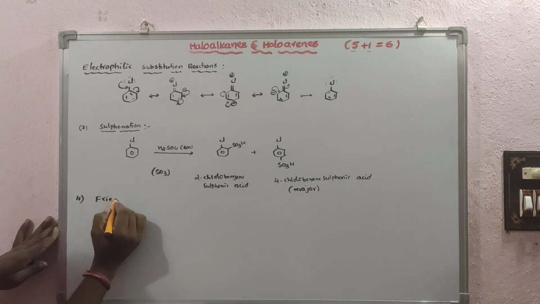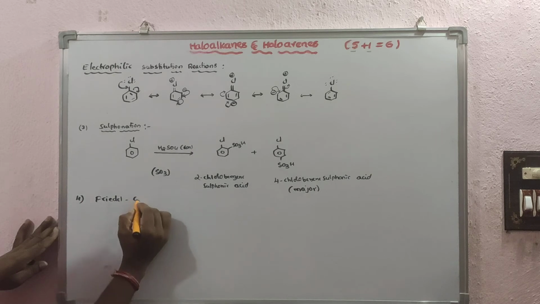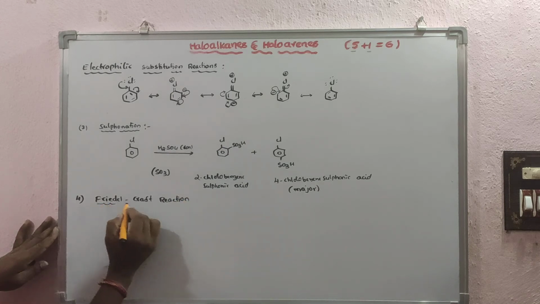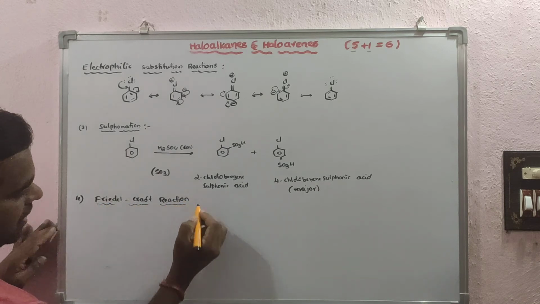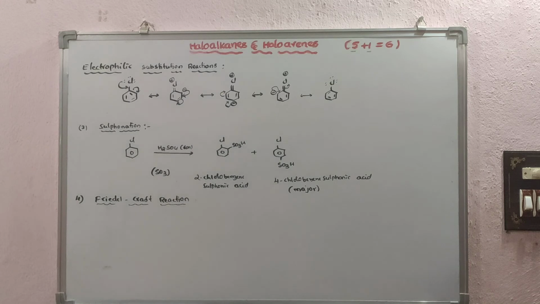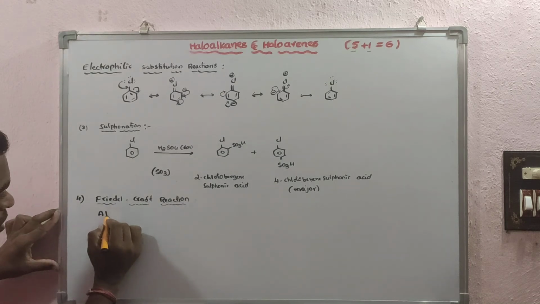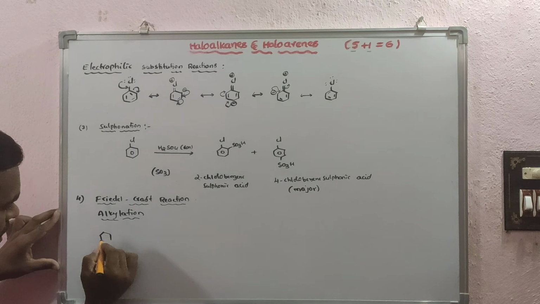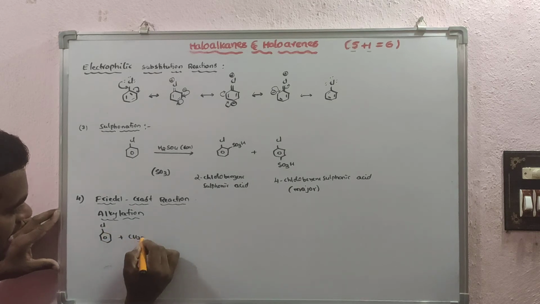And the next one is Friedel-Crafts reactions. You know Friedel-Crafts reactions are of two types: one is Friedel-Crafts alkylation and another one is Friedel-Crafts acylation. First we will discuss alkylation. In this one, chlorobenzene is treated with an alkyl halide.